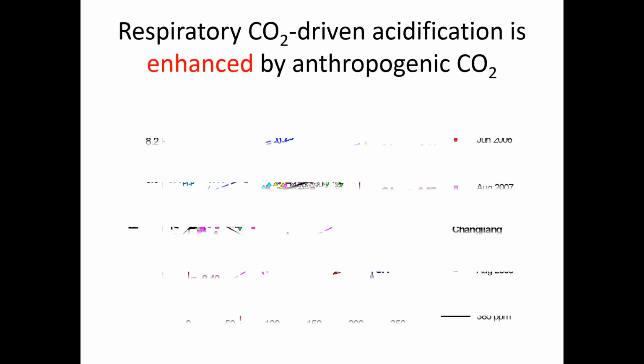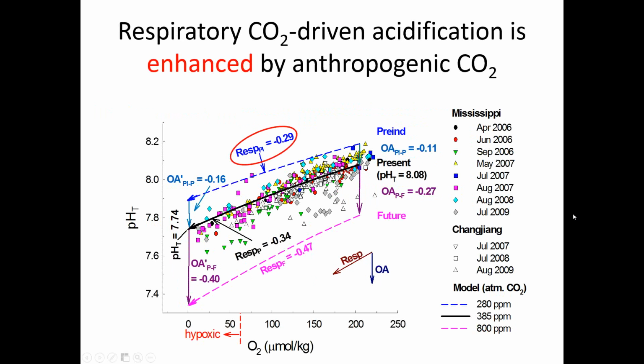You can see it the other way around, that ocean acidification would amplify the biological signal of respiration: 0.29 in the pre-industrial time when you consume all the oxygen and release CO2, to 0.34 today. That's again an increase of 0.05, and to the future 0.47. That's an increase of 0.13 pH unit.